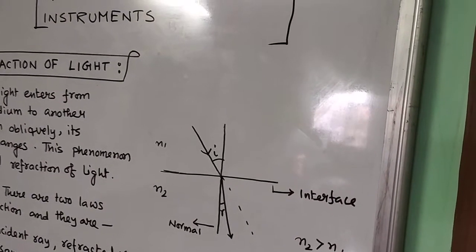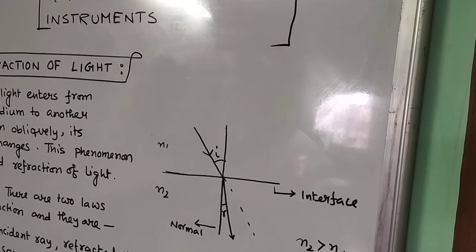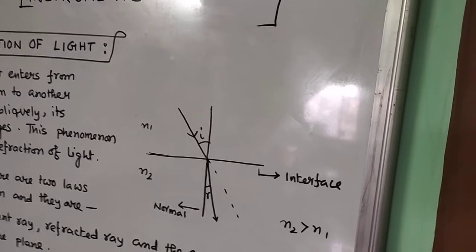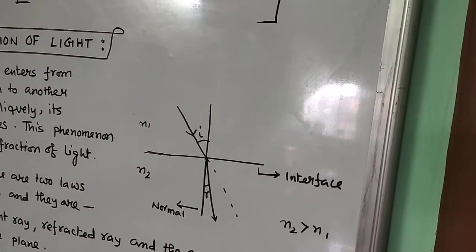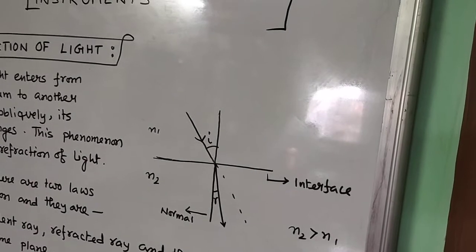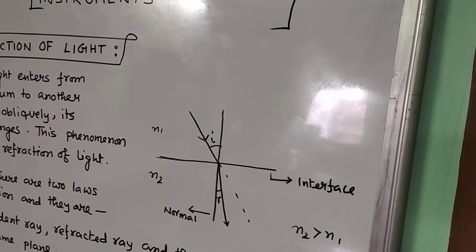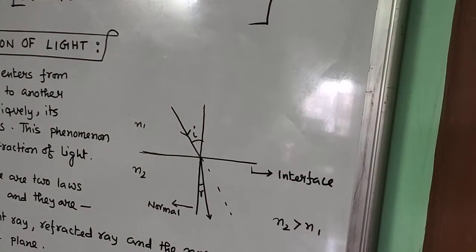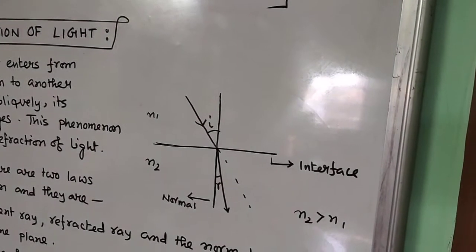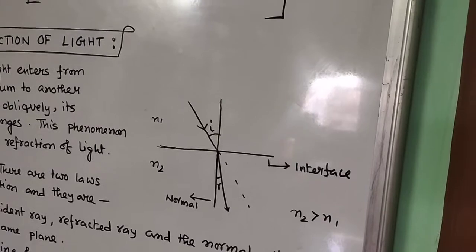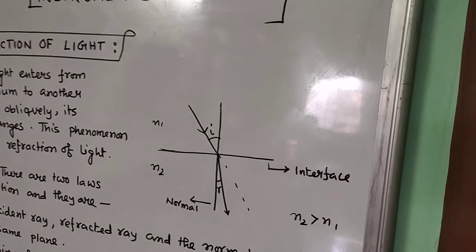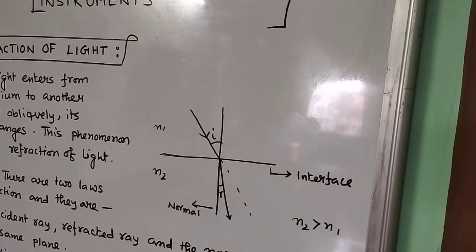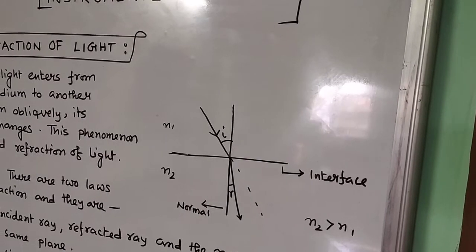Now as it moves from one medium to another medium, its direction changes, and the angle made by the refracted ray with the normal is smaller. And this phenomenon, this change in direction of the light when it moves from one medium to another medium, is known as refraction of light. Now here we are considering light moves from rarer to denser. That's why it bends towards the normal.